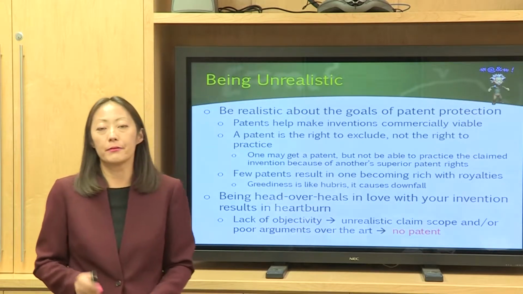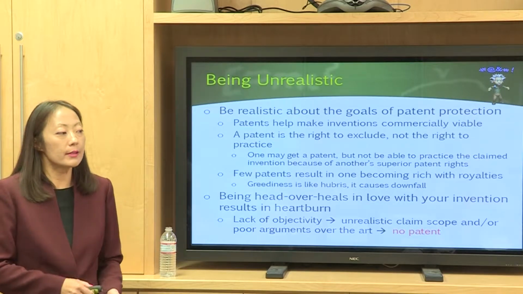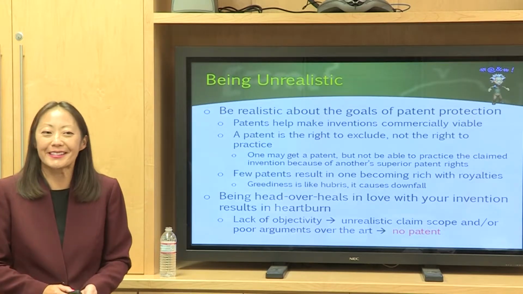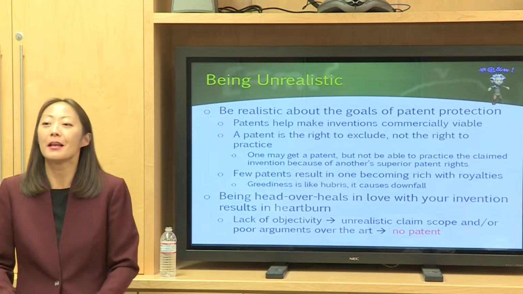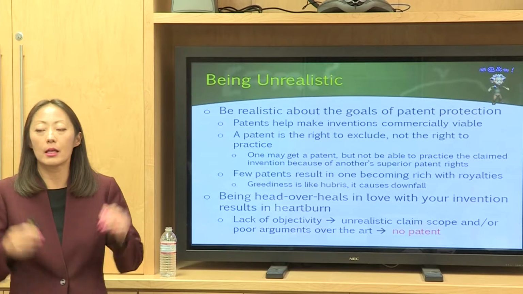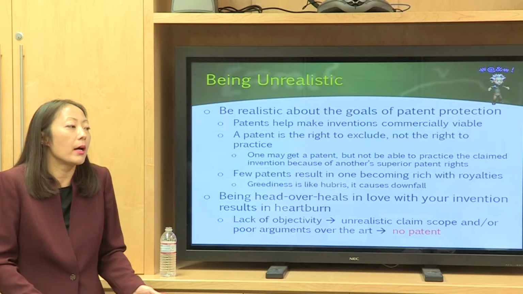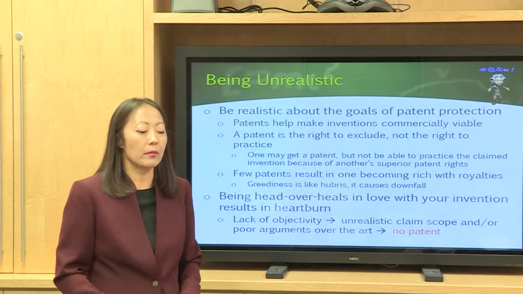Few patents result in one getting rich with royalties, but I've often seen how greediness causes problems. I liken greediness to hubris. It causes downfall, and usually squabbling, and then it's just too big of a mess to where nobody wants to touch it because it is problematic.